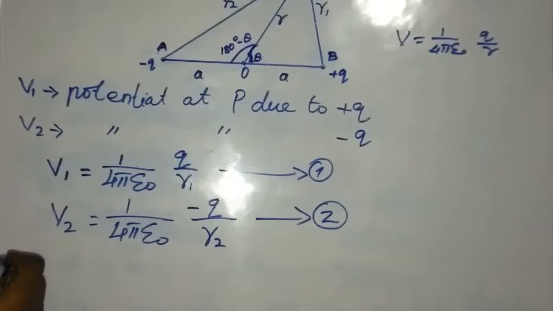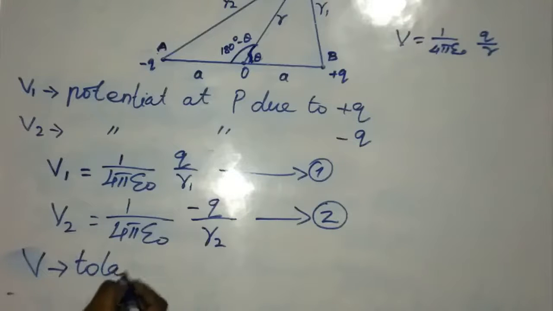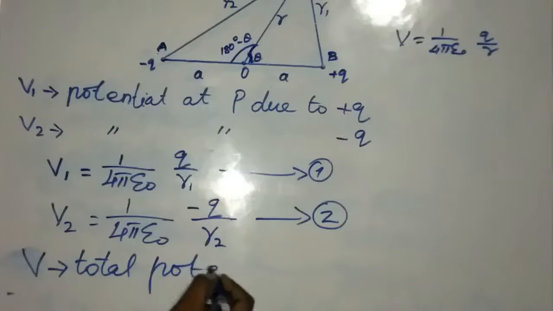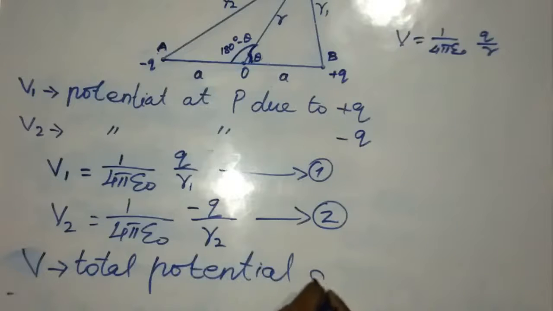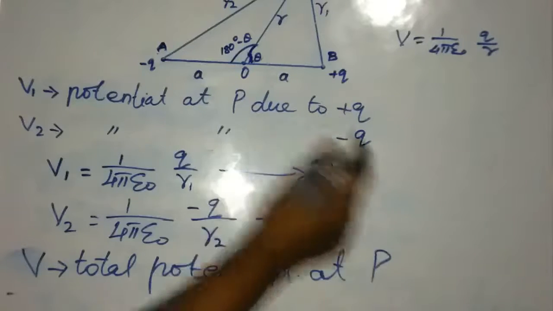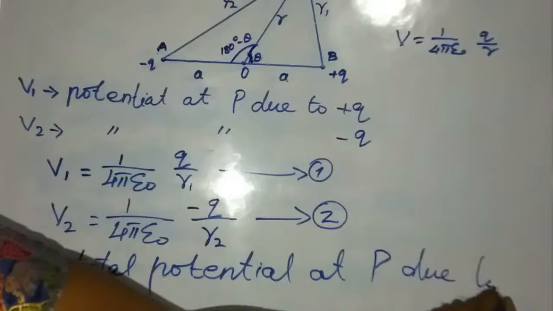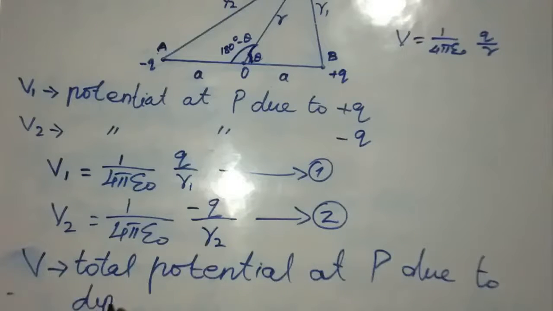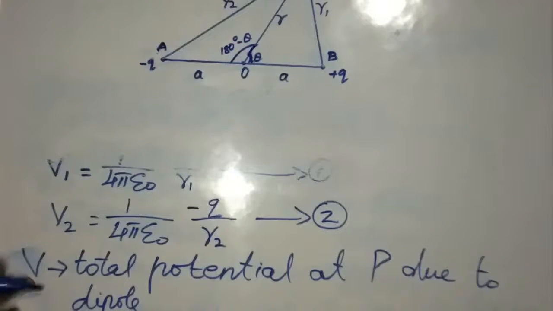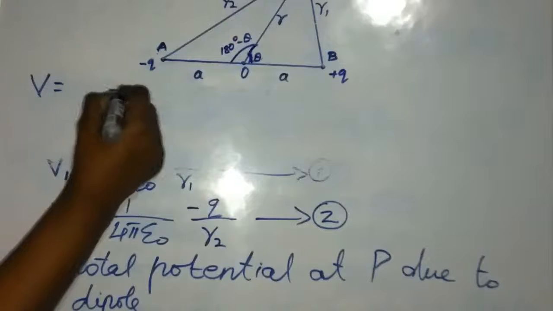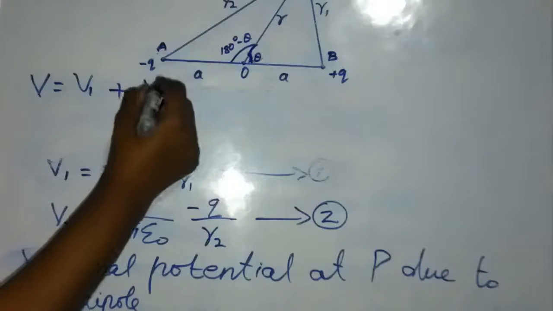Now V is the total potential at P due to the dipole. V equals the summation of V1 plus V2.